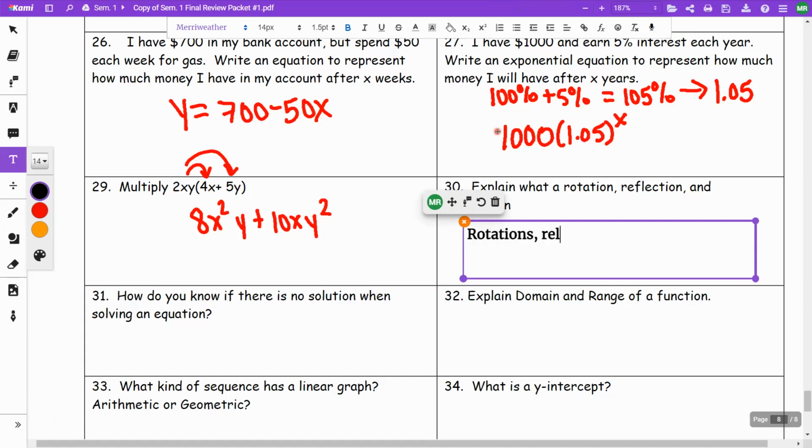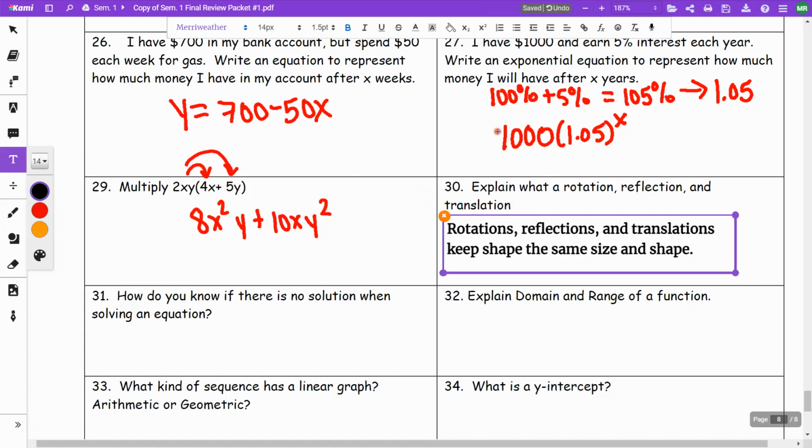Rotations, reflections, and translations keep the shape the same size and shape.